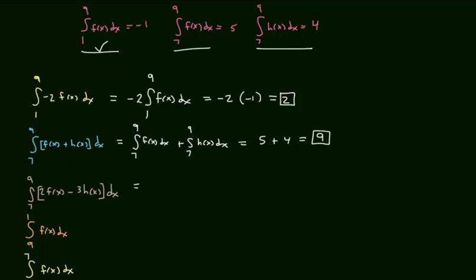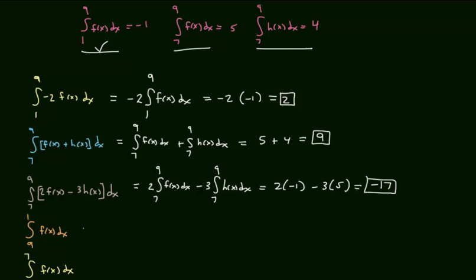The third one is just a combination, 2 times the integral from 7 to 9 of f of x dx minus 3 pulled out of the integral from 7 to 9 of h of x dx, and that of course is 2 times -1 minus 3 times 5, which equals -17.